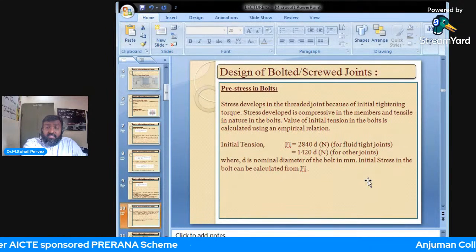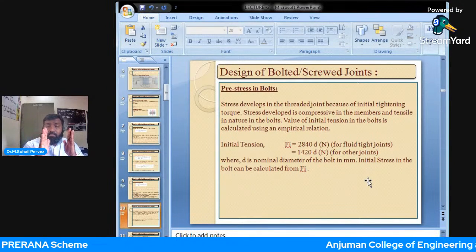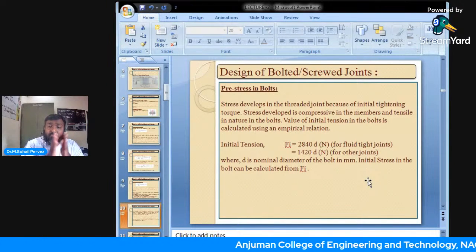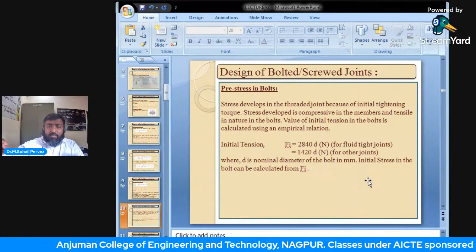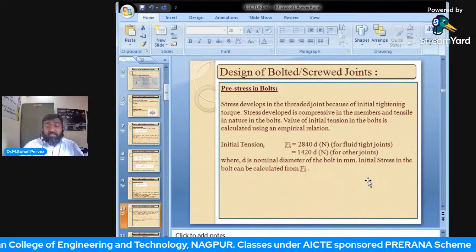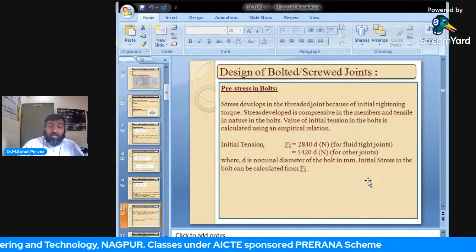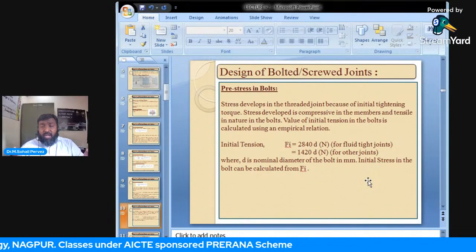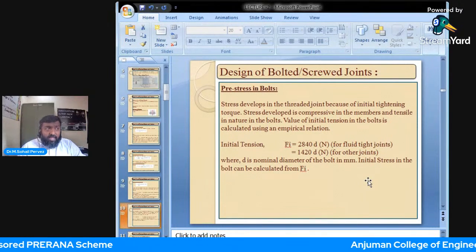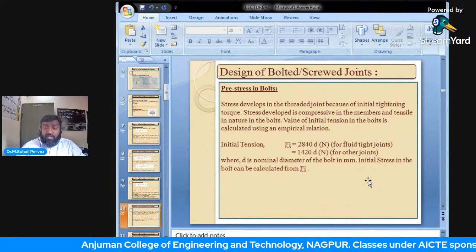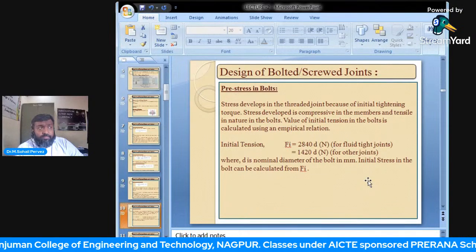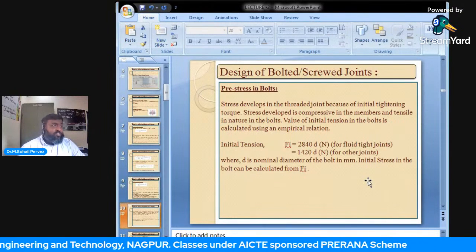Sometimes in boilers, where the upper cover is held with the help of bolts, their pre-stressing is required. So in boilers, prior to the pressure exerted by the steam or by some gases on the bolts, so that the upper cover is held at its position, first you will tighten the bolt itself. And that condition is known as pre-stressing of the bolt.